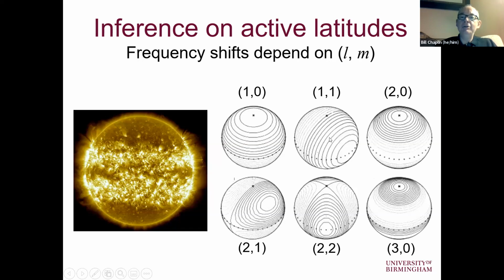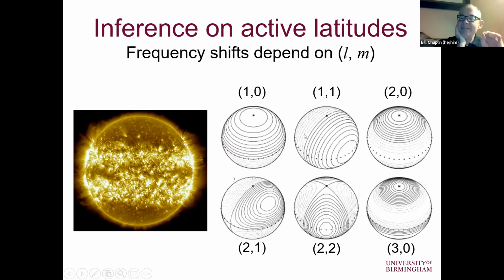But even in the lower degree modes, we have some latitudinal sensitivity. So in particular, if you look at the L=2, M=2 mode here, you can see most of the peak sensitivity again is near the equator. If we look here at the so-called zonal mode, the 2-0 mode, L equals 2, M equals 0, you can see again it's got more sensitivity up near the poles as well.